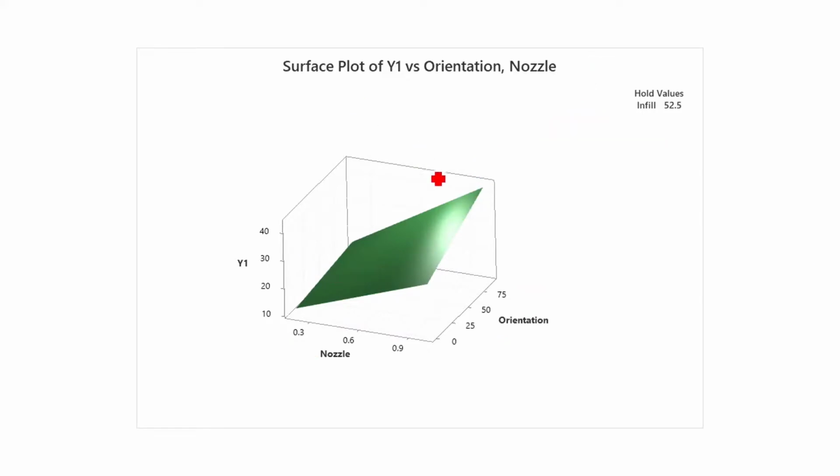Well, now what this is telling you, look at this picture. It's saying if you want to go higher, that's the direction you need to travel in. In other words, you need to get the orientation above 90 degrees, and you need to get the nozzle diameter above 1 millimeter.